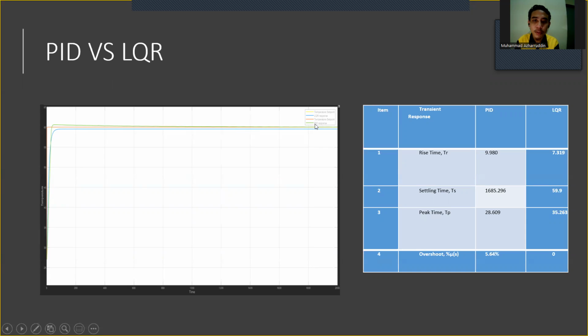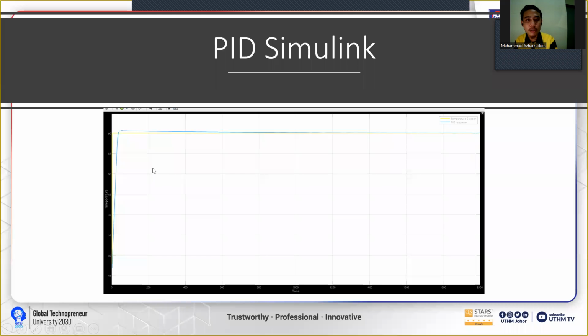We can see here the PID response overshoots at here by about 5%, and the LQR response has its settling time at here and maintains the line.